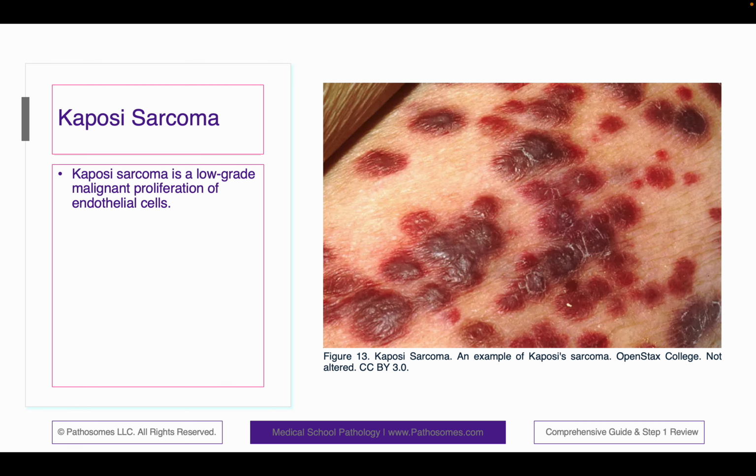Now let's move on to another highly tested condition, Kaposi Sarcoma. Kaposi Sarcoma is a low-grade malignant proliferation of endothelial cells. You're going to see this a lot because it has classical skin findings, as you can see here in this image.